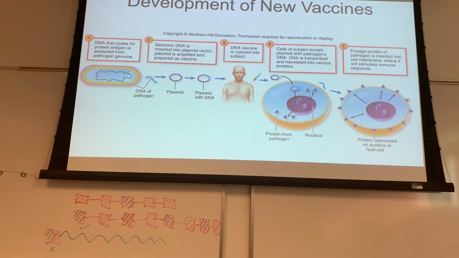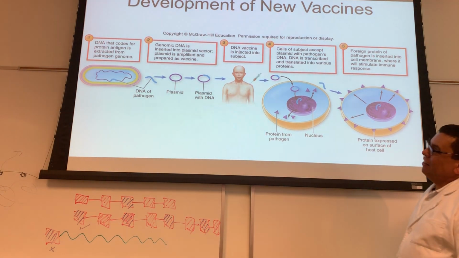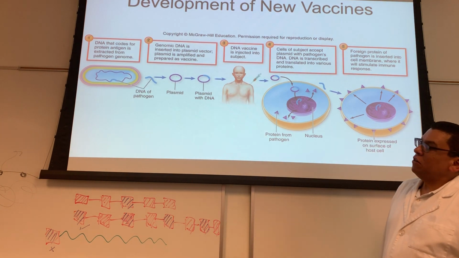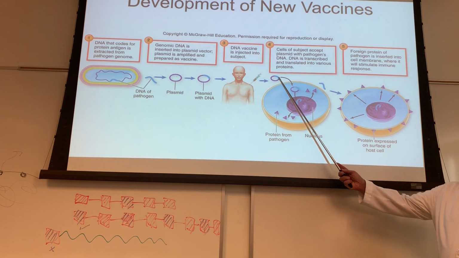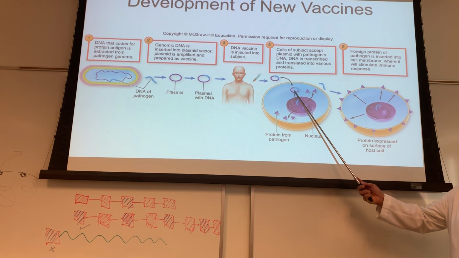Here's a new way. Inject a plasmid in you. Not me, not this one. This has been used in animals successfully, but they're trying to use it in humans too. But it literally says we're going to have a bacterial protein gene on the plasmid, inject the plasmid in you.